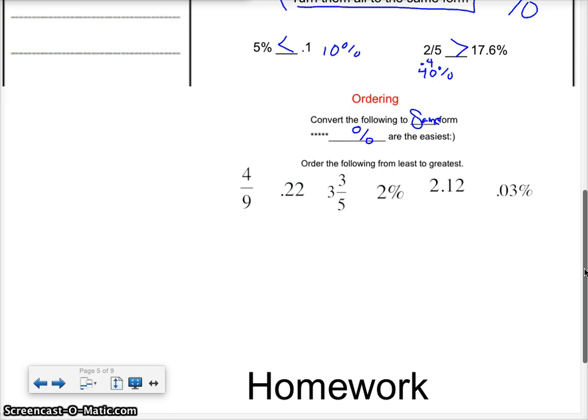So 4/9 is 0.4 repeating, which would be like 44.4%. 0.22 would be 22%. 3 3/5 is 3.6, which is 360%. Again, I just know this off the top of my head. You can use a calculator to help you convert this if you don't know. 2% is already percent. This would be 212%, moving 2 spots to the right.